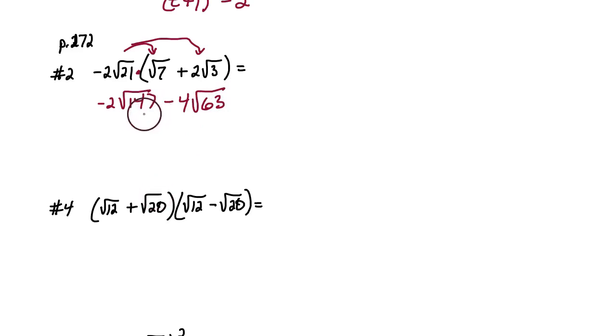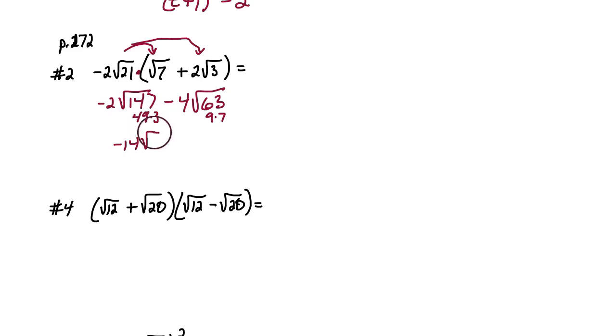Now let's see if we can make some like terms. Can we factor the 147 so that one of the things is a perfect square? 147 is the same thing as 49 times 3. Over on this one, can we factor 63? 63 is 9 times 7. The square root of 49 makes a 7, so negative 2 times 7 is negative 14.